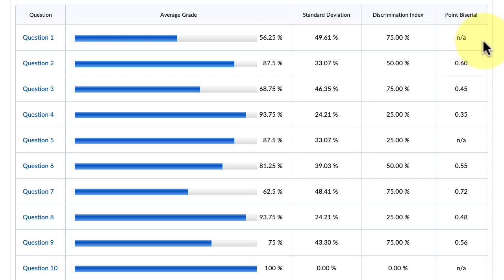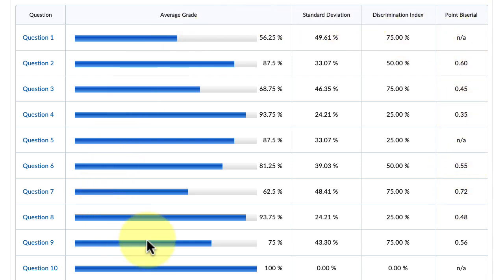This statistic is used with the assumption that the students are responding in a normal, or expected, way. And anything over 0.2 or 0.3 is absolutely fine with a point biserial.